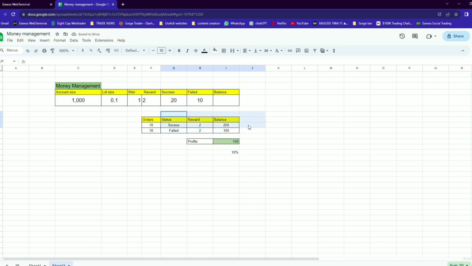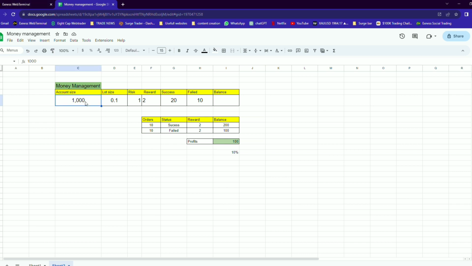Now if these orders are done within a month, which is 1 order per day, you make 10% of your entire capital within a month. If these 20 orders are achieved within 2 months, you make 10% every 2 months, which becomes 5% a month, which is a really very good number in our field of trading.